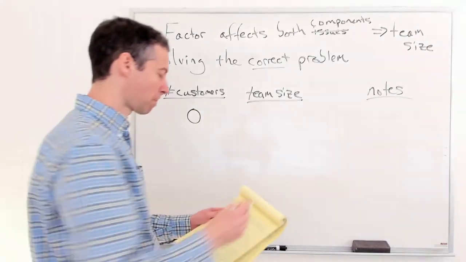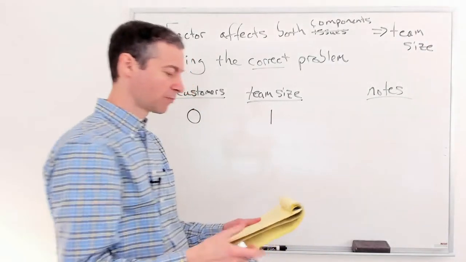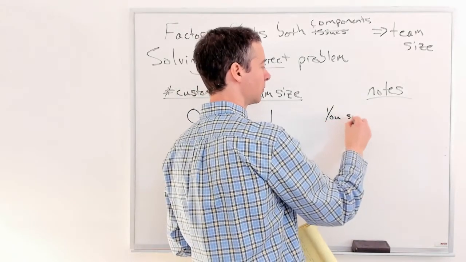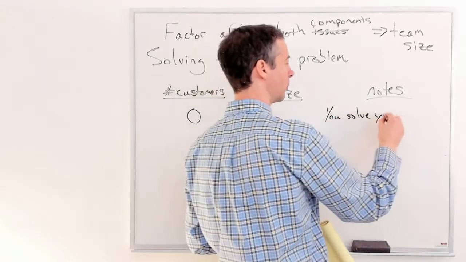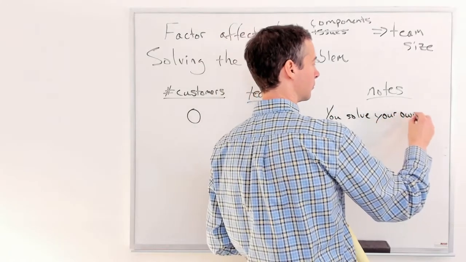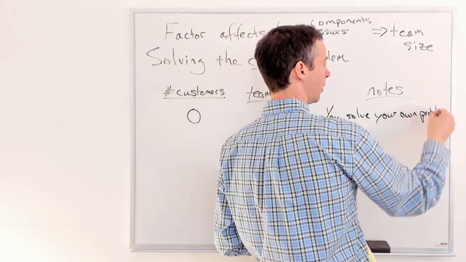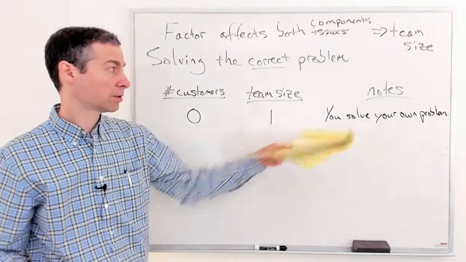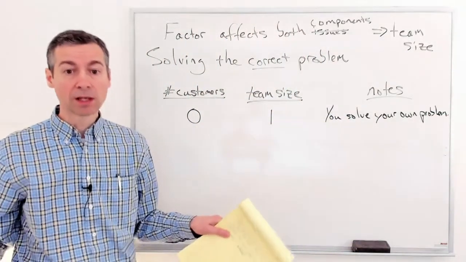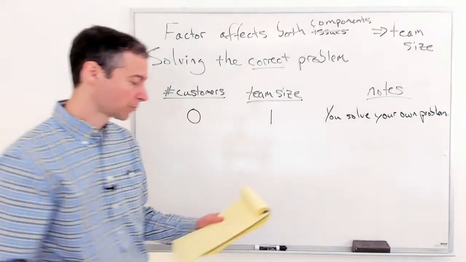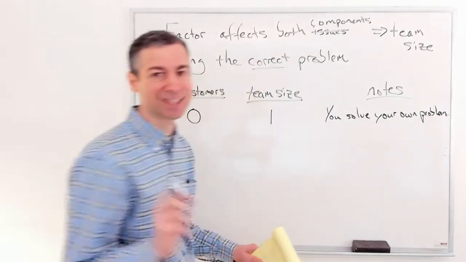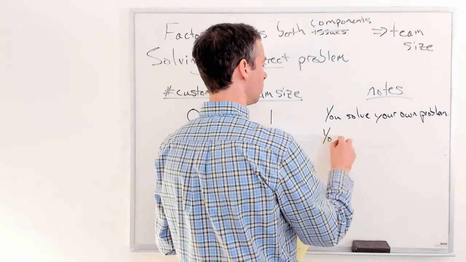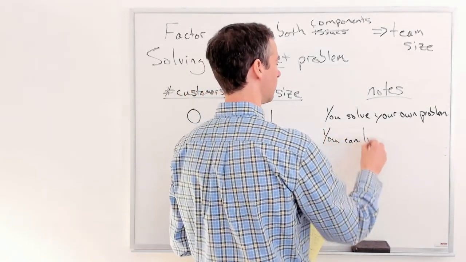All right. Our team size is 1. This is what I mean by this: you solve your own problem. So you've got some issue and you decide to write yourself some software to build it. This is the easiest level of software. And the great thing about it, the magical thing, is you can literally read your own mind.